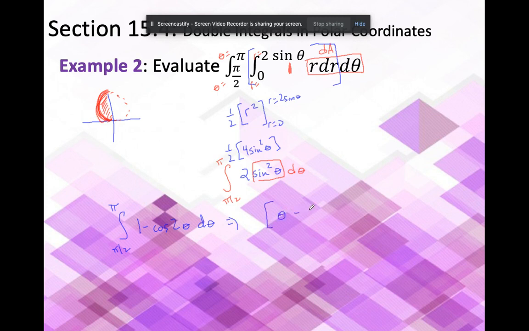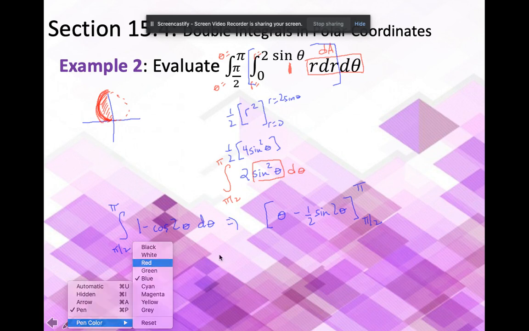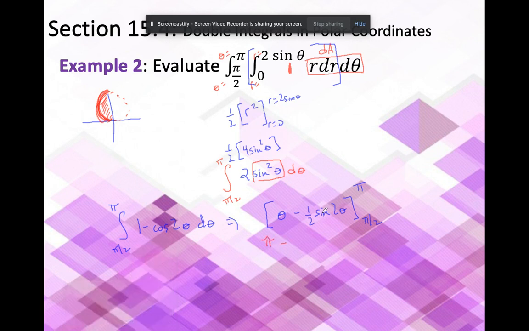Integrate that. And I have theta minus 1/2 sine 2 theta. Evaluated at pi over 2 and pi. So I have pi minus 1/2 sine of pi, 0, minus pi over 2 minus 1/2 sine of 2 times pi over 2, but that's just pi, which is 0.